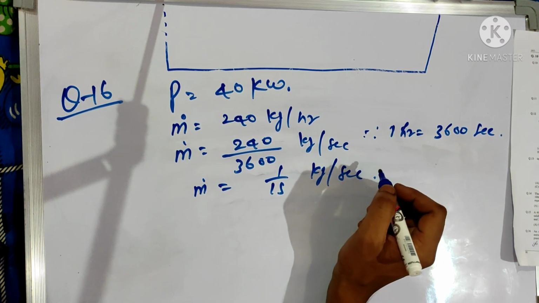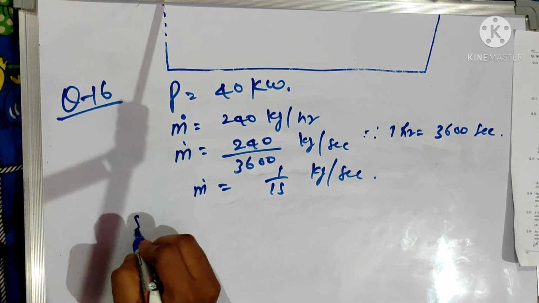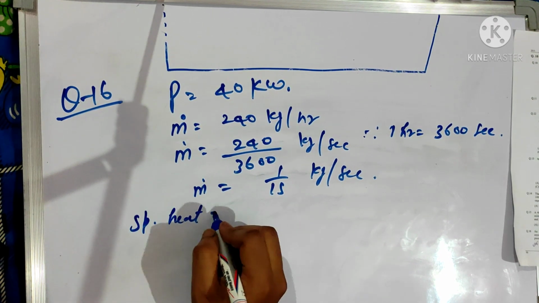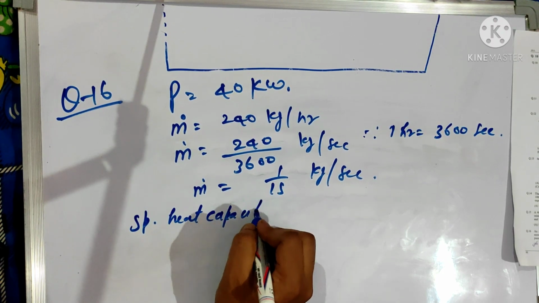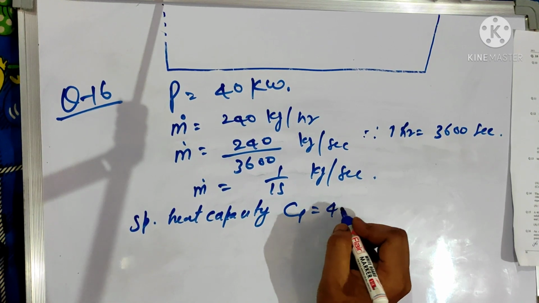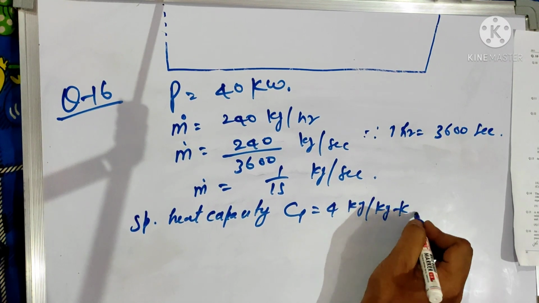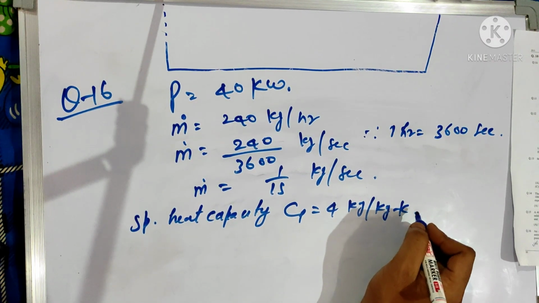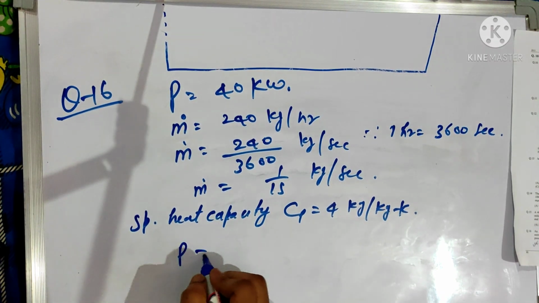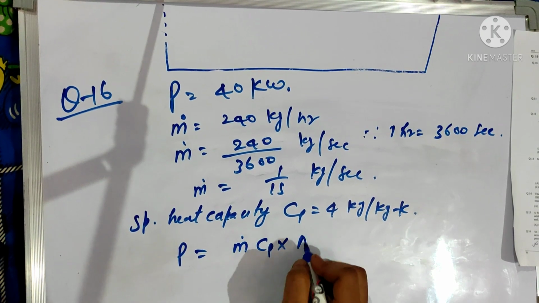Now, given that specific heat capacity Cp is equal to 4 kilojoule per kg Kelvin. We need to find the change in temperature. You know that power is equal to mass rate into Cp into change in temperature.